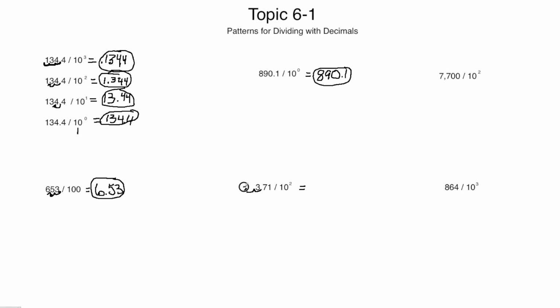The decimal goes here. There's an empty butt cheek. So we fill that in with a 0. So our new quotient is 371 10,000ths. Did you get that? If you did, great job.